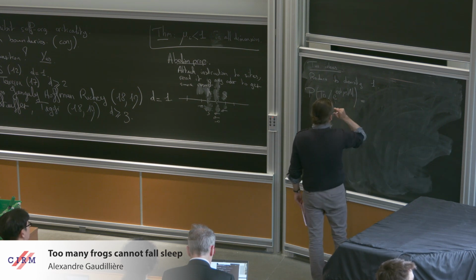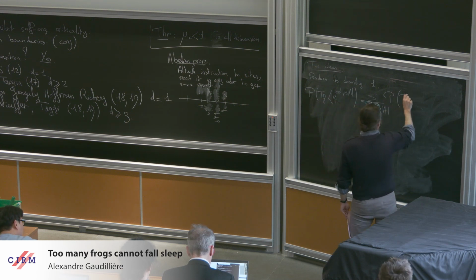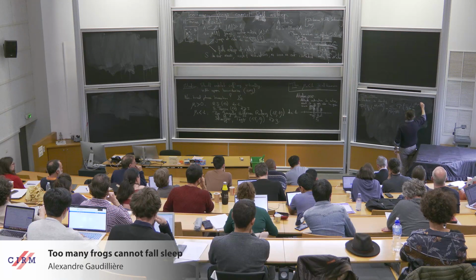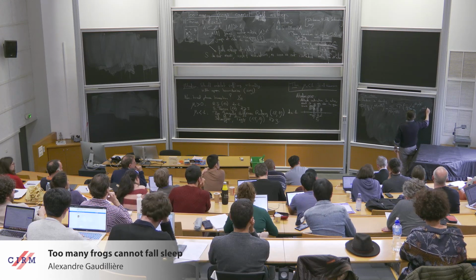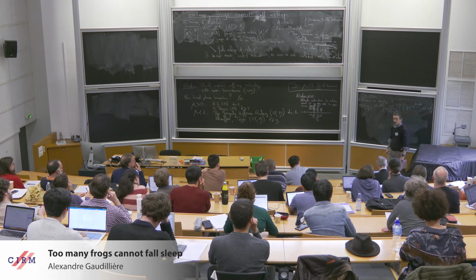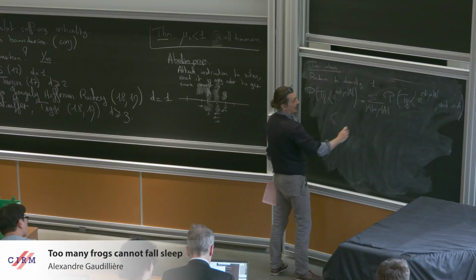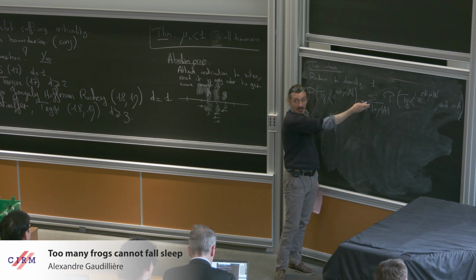So this is equal to the sum over all subsets A with size mu times lambda of the probability that my fixation time is smaller than some constant time mu lambda, and you end in A. But this is smaller than the maximum of all these probabilities times the number of terms I have.